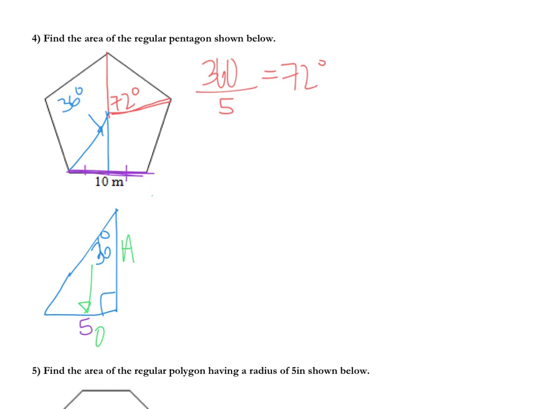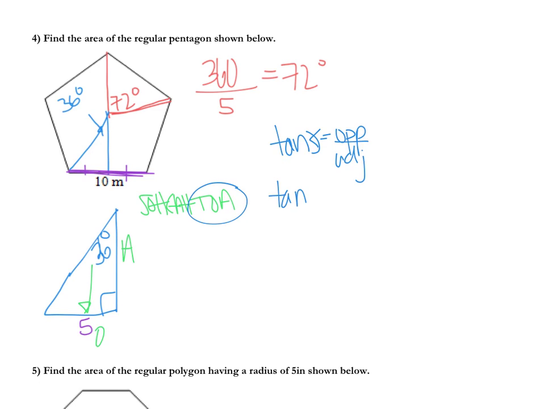So which trig function out of SOHCAHTOA uses opposite and adjacent? That would be tangent. Tangent of an angle is opposite over adjacent.